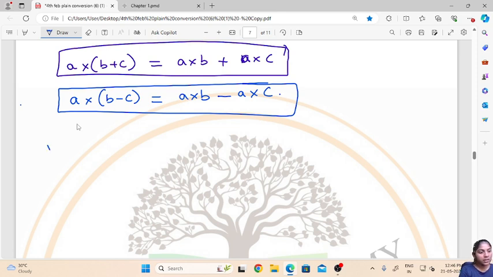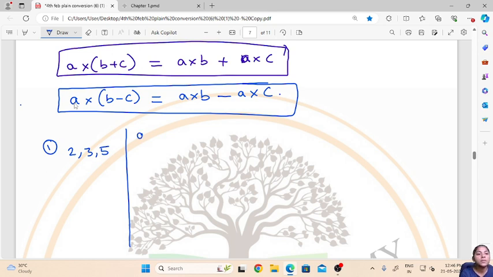So the first example that we have is the integers 2, 3 and 5. Now first we'll put these integers into the expression.